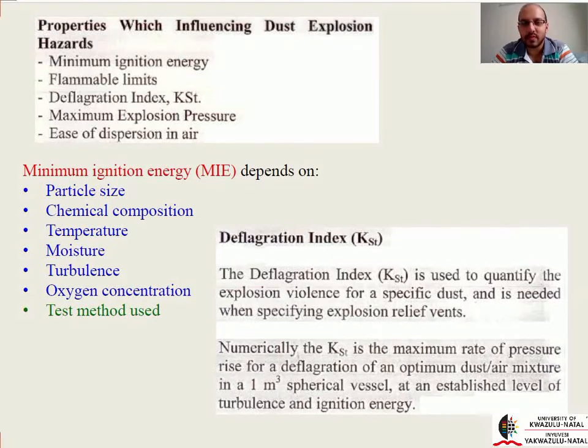So when we are working with dust particles that are very tiny, and you need to keep them in a silo, such as food products like flour, you need to actually measure this deflagration index. It's this index that suggests how violent a potential explosion can be. And if you know how violent a potential explosion can be, then you can design your silo to have certain relief valves to prevent an all-out rupture of that silo.